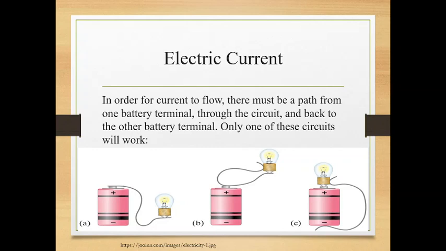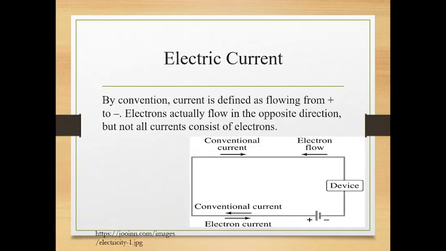Only one of these circuits will work. By convention, current is defined as flowing from positive to negative. Electrons actually flow in the opposite direction, but not all currents consist of electrons.